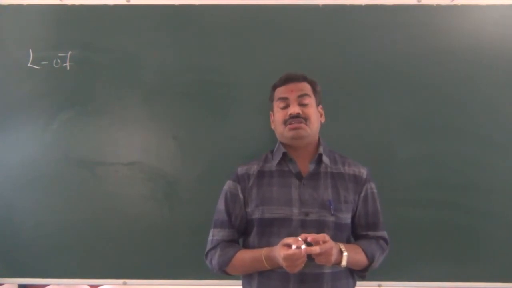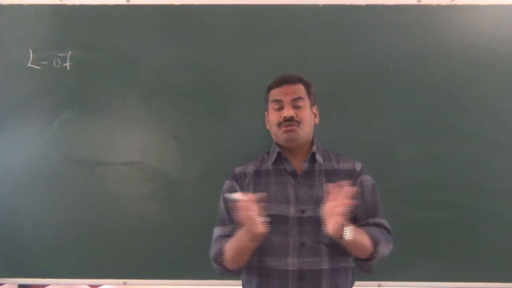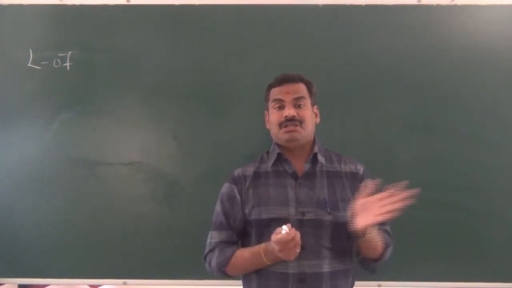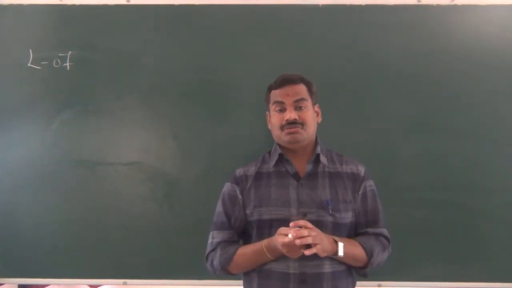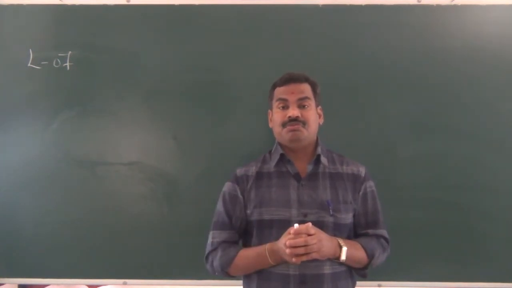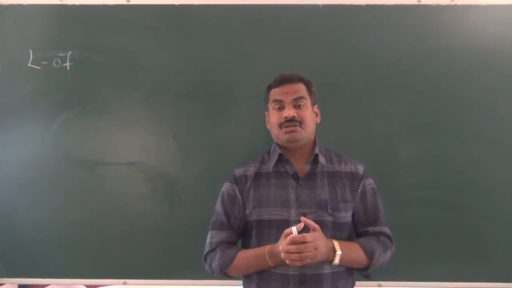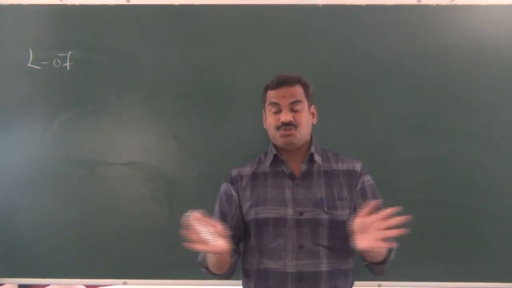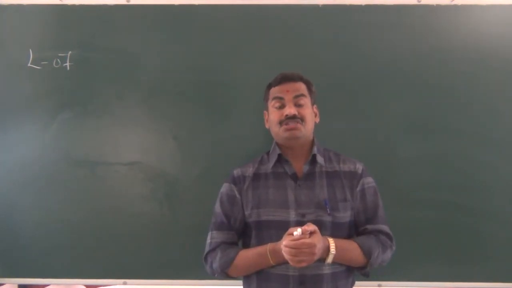And as I said in the last class, if we join a p-type semiconductor and an n-type semiconductor mechanically, that is not correct. Take one small piece of p-type semiconductor and another of n-type semiconductor, then joining them mechanically is not correct.